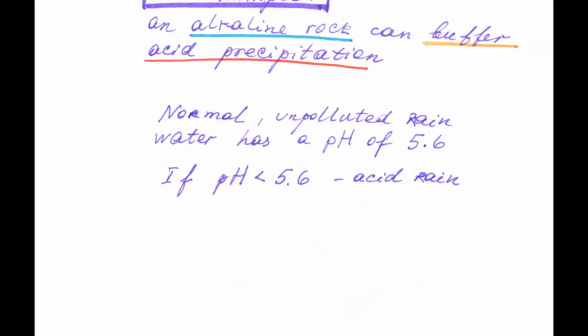Now, if I'm going to collect the rainwater, and this is what we are discussing here on the screen, and we assume that this is pure water that has not been polluted, normal unpolluted rainwater has a pH of 5.6, right? So let's think about this pH 5.6.